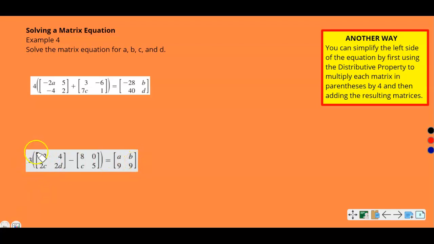Okay, again, I've got 3 times, in parentheses, 2 matrices that are being subtracted. They are the same dimension, so I can subtract them, and then they're equal to a third matrix. All right, so let's start. So I have 3 times, and then I'm going to have 2 minus 8, which is negative 6. I'm going to have 4 minus 0, which is just 4. 2c minus c. 2 minus 1 is 1, so just c.